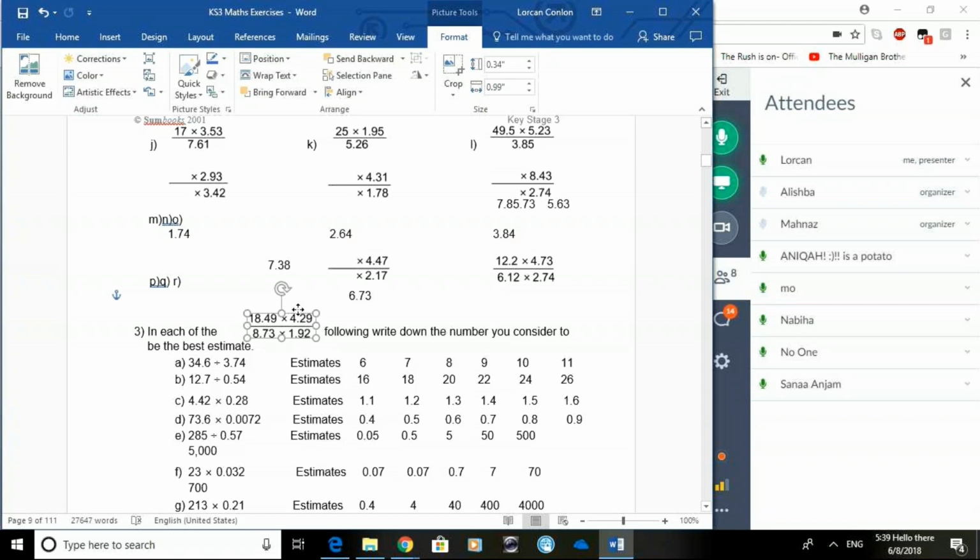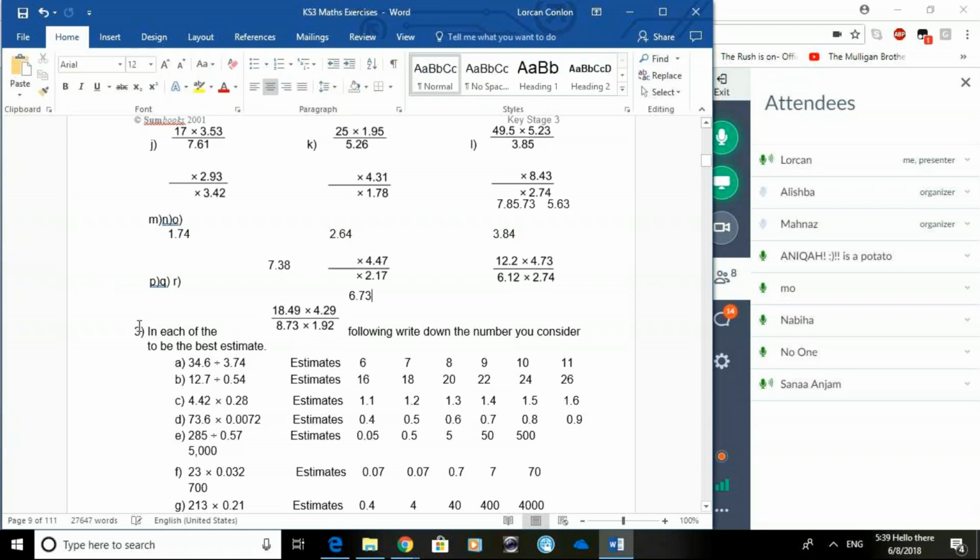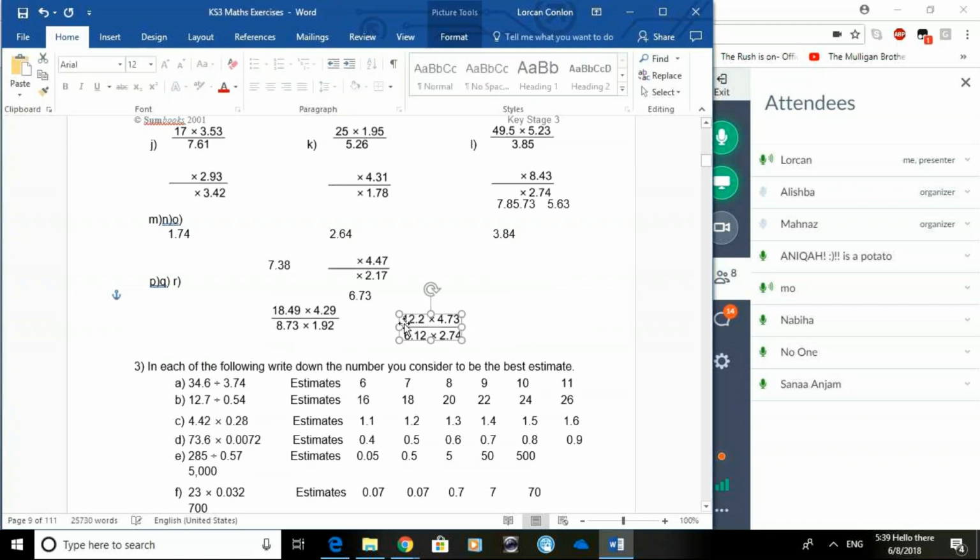The two questions that I've made slightly bigger. I want you to take them both down for homework, okay? So we've got 4 questions from earlier, and then I want you to take down this big question and this big question, and we're going to estimate them both for homework, okay?